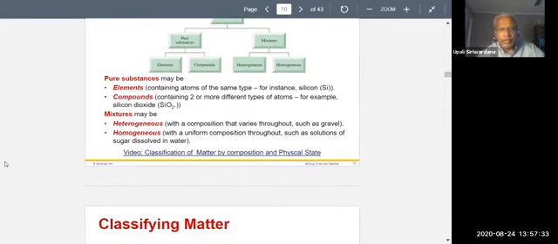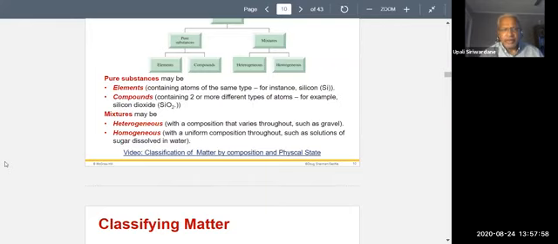So we talked about this. Pure substances could be elements or compounds. Elements, by composition, if you look at the composition of elements, they have only one type of atom. For example, silicon, copper, oxygen.